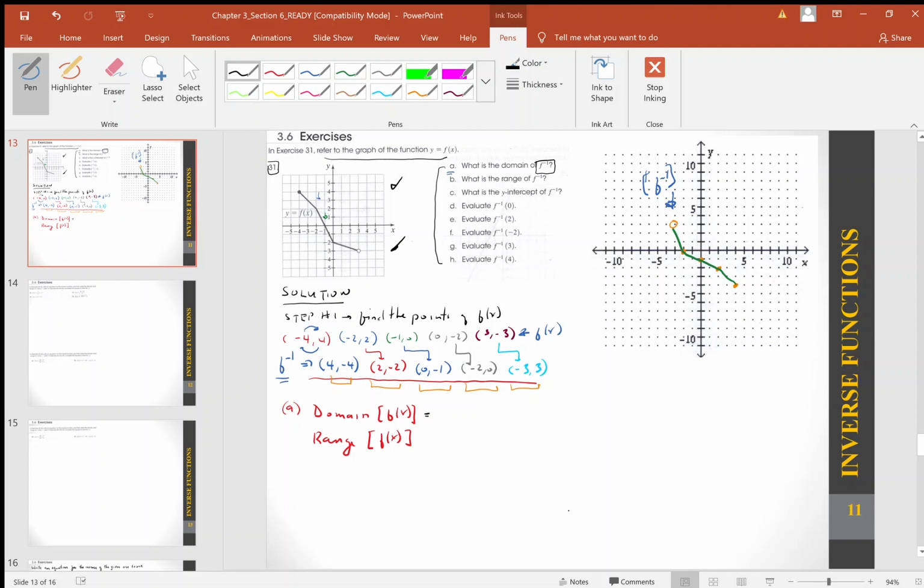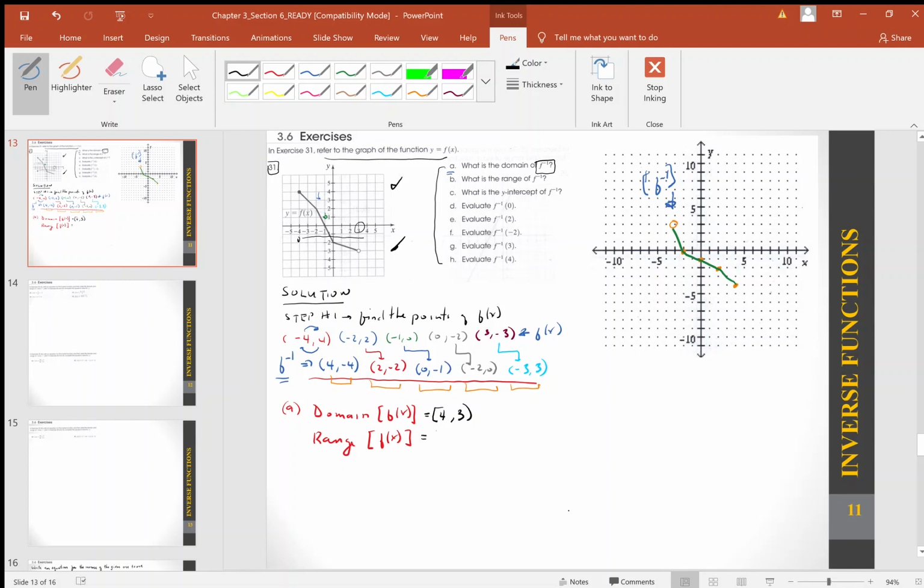The domain is along the x-axis, and it's going to be from -4 to 3. Again, this is -4 on the x-axis, going all the way like this, and it stops here, and it's open. That's why it has a parenthesis.